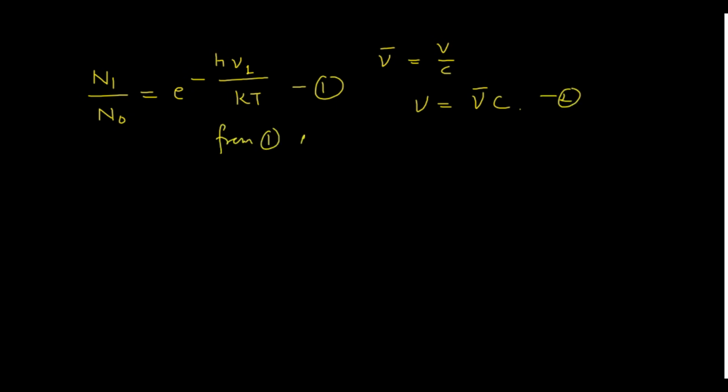From 1 and 2, what we get is N1 over N0 equals e to the power of negative h nu bar c, divided by kT. I can remove the 1 from here; mistakenly I have written this.